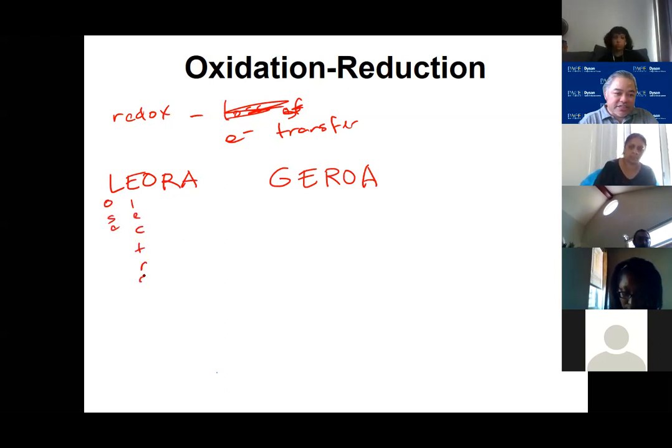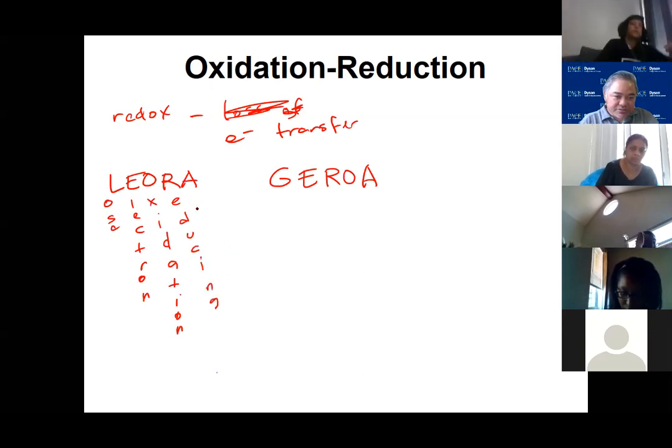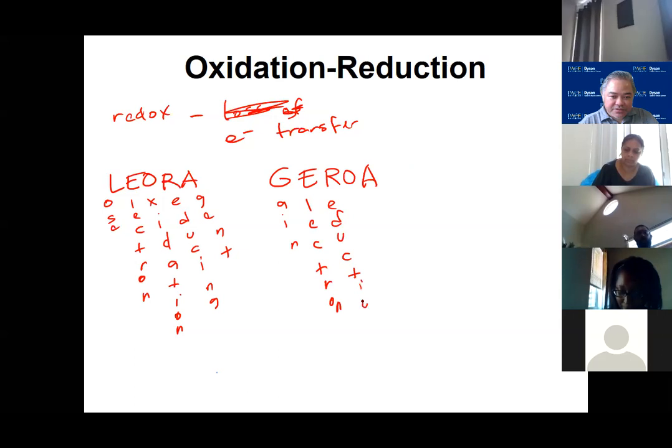So if you lose electrons, you undergo oxidation, and you serve as the reducing agent. And if it's GER, you gain electrons, you undergo reduction, and you serve as the oxidizing agent.